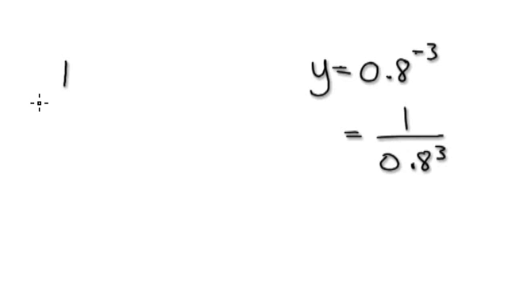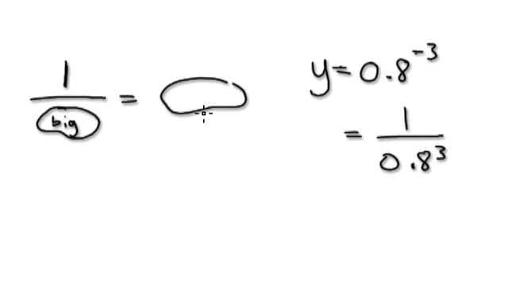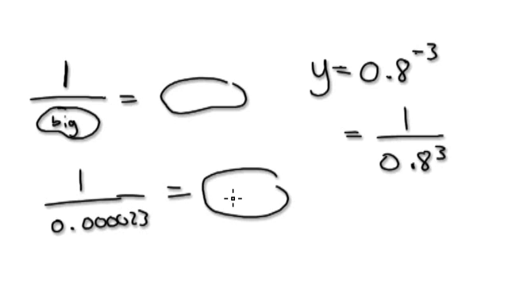If you divide by a big number, 1 divided by a big number, the answer will be very small. Now, if you have 1 divided by, let's say, 0.00023, a really small number, the overall answer would be big, very big.